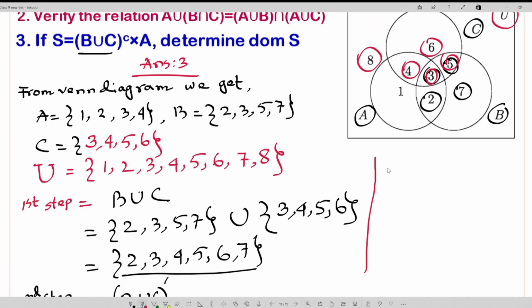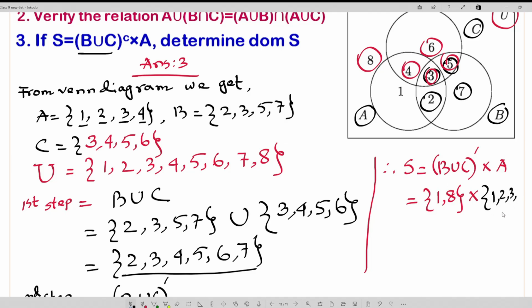Now the important thing: S equals the complement set of B union C, product A. The complement set of B union C gives 1 and 8, and product A is a Cartesian product. A means 1, 2, 3, 4. Once we make the product, we will get 1, 1, then 1, 2.